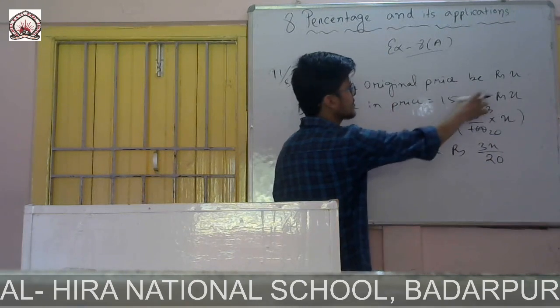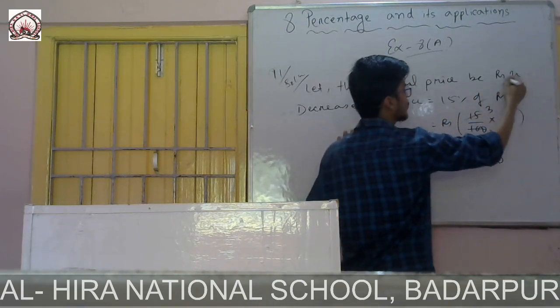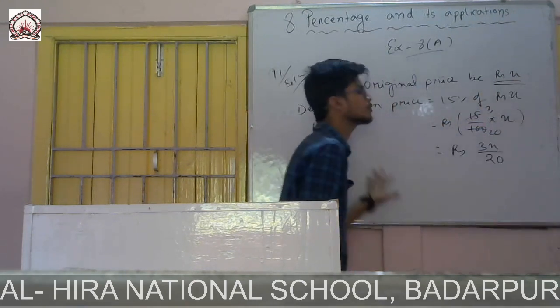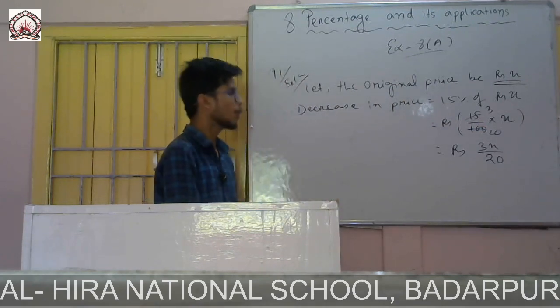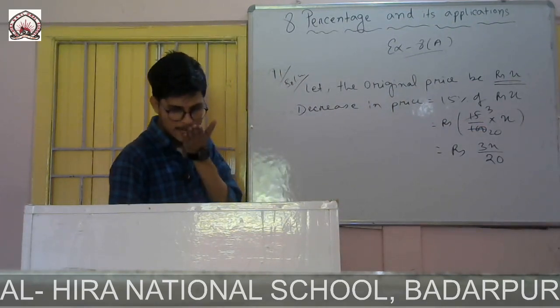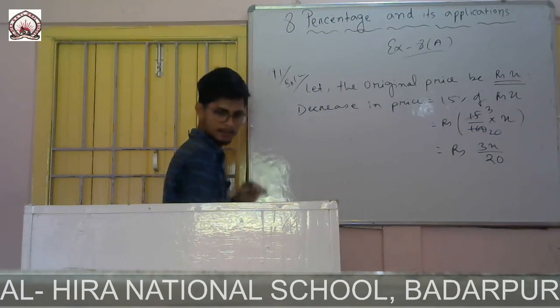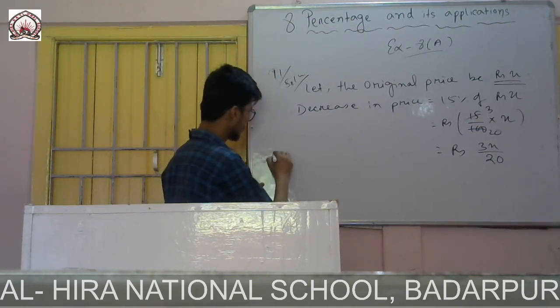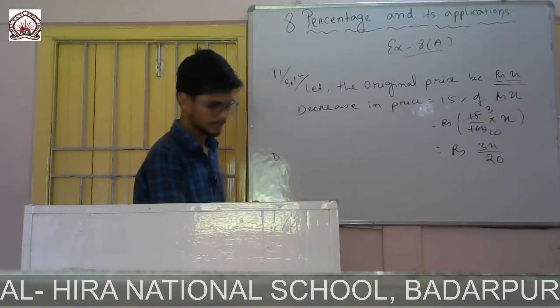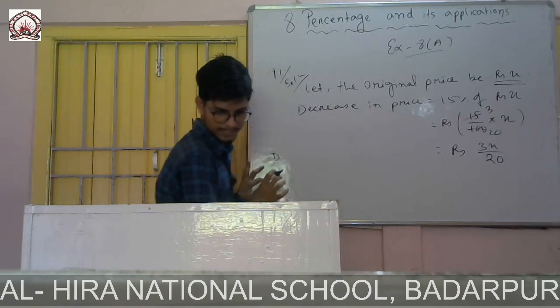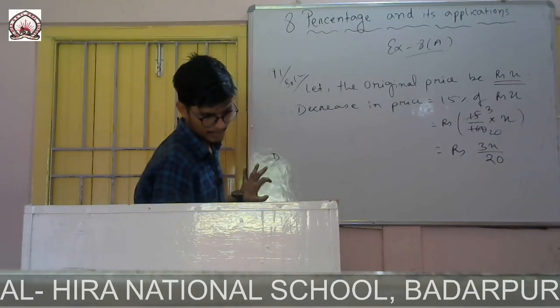3x by 20. This is the decrease in price. Decrease on which price? It is on the original price. The original price I wrote as x. That means I have to decrease 15% from the original price. So now we can write, therefore, what will be the decreased price? The decreased price is given as 306.